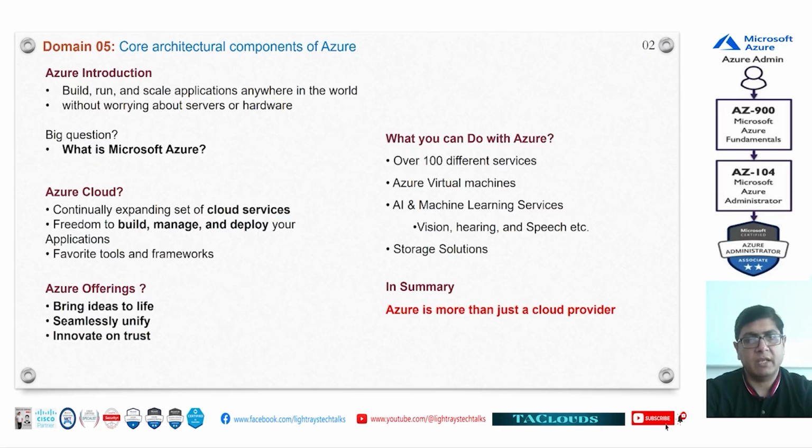They are only providing you internet services, nothing else. Microsoft is providing you each and everything. They are not a simple cloud provider. They are also providing you physical location, physical servers, physical hardware, physical software, and everything. So that is the overall introduction of Microsoft Azure, what we need to understand.